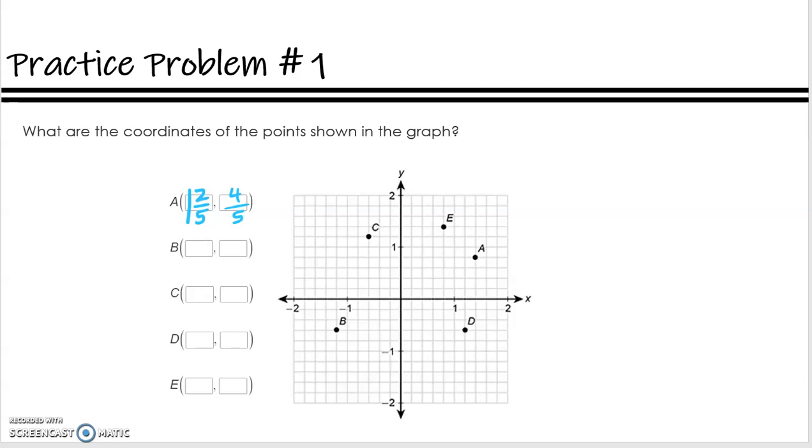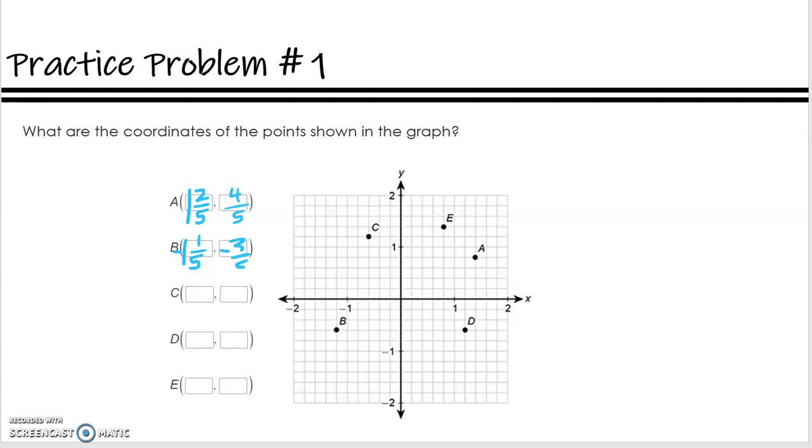If you haven't tried B yet, go ahead and pause the video and give it a try. So B, you go left to -1 and go 1 space more. So that is -1 1/5. And then you go down 1, 2, 3 sections. So that is represented as -3/5.